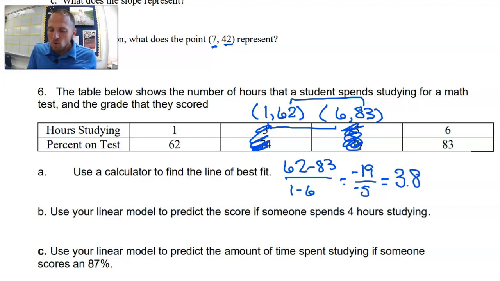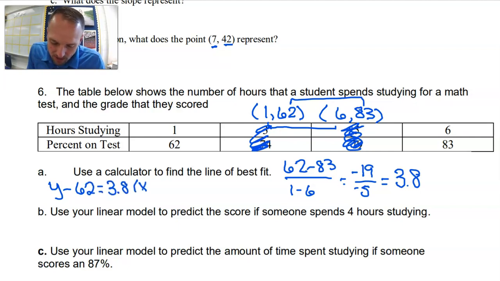When I divide negative 19 by negative 5, that's going to be positive 3.8. So that's our slope. Okay, so we're going to have y minus y, so y minus 62 equals 3.8 times x minus 1. Distribute this: 3.8x minus 3.8.